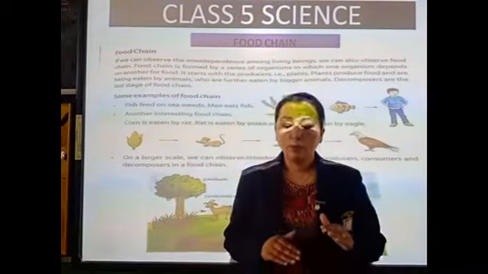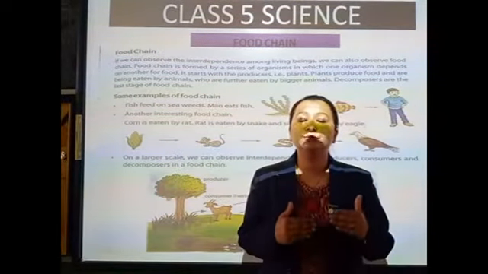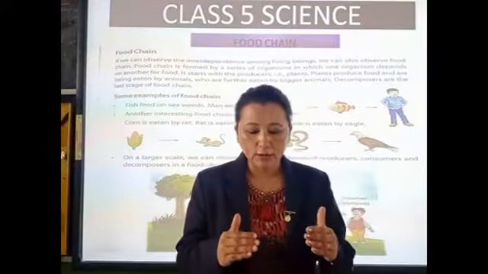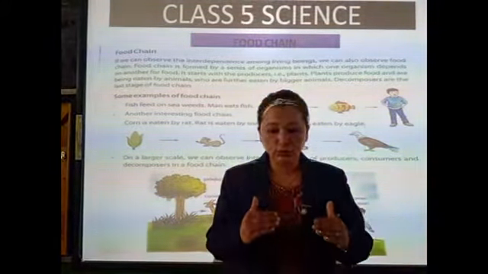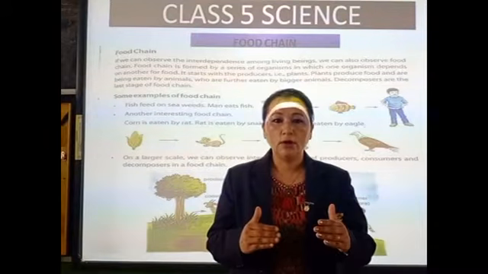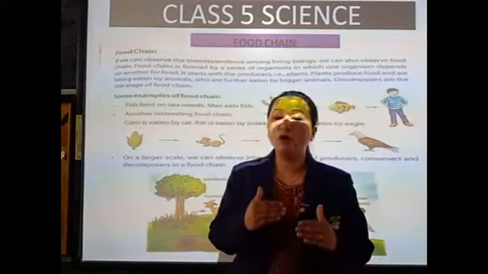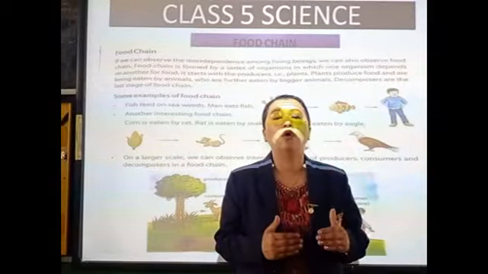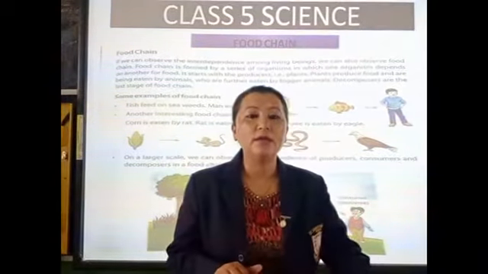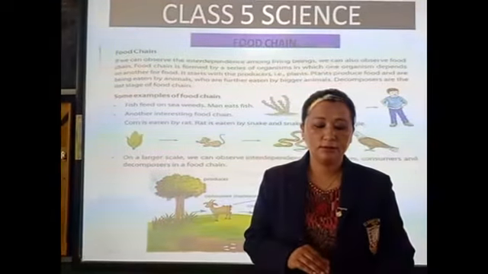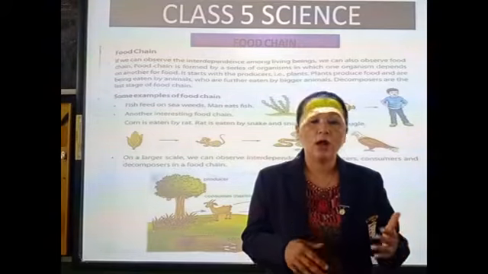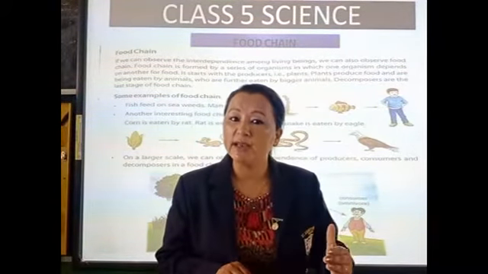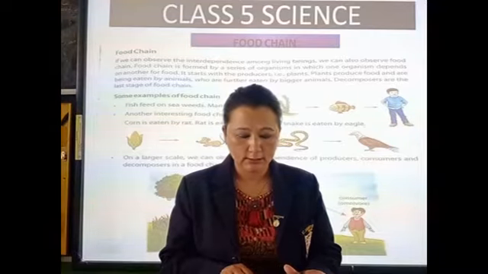Then we have primary consumers. Herbivores play the role of primary consumers. Herbivores will feed on these producers, so they are called primary consumers. You know that herbivores are those who eat only plants.